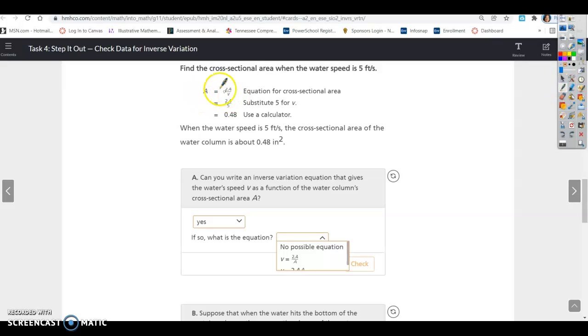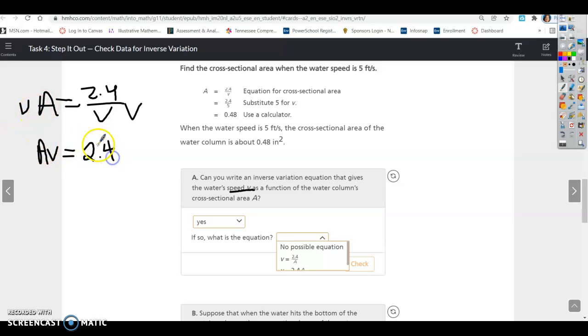We are given A equals 2.4 over V, and now we want to solve for V. So all we have to do is multiply both sides by V. So we've got A times V, or V times A, it doesn't matter. Multiplication is commutative.